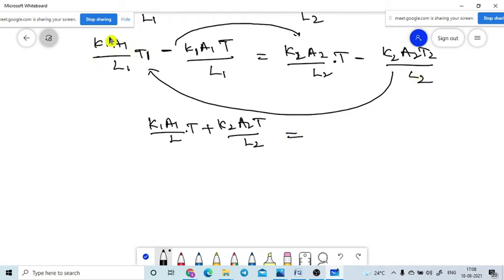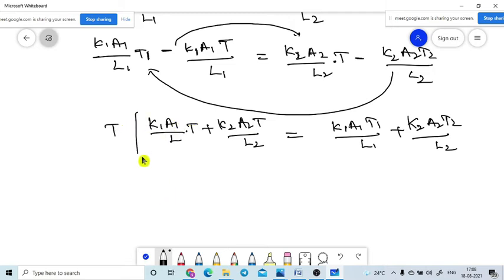That value is equal to these two terms: K1 A1 T1 divided by L1 plus K2 A2 T2 divided by L2. But our goal is to find the T value, so I am taking T as the common term.